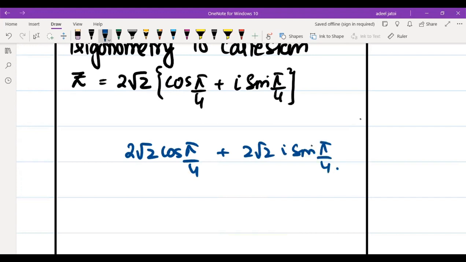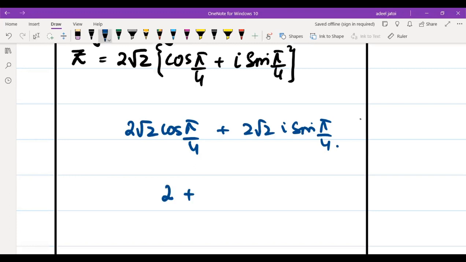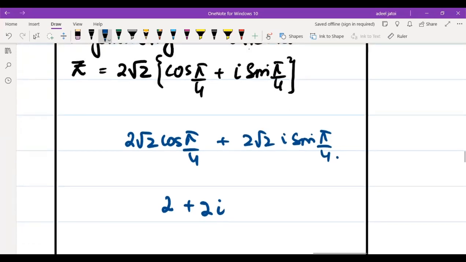So solving this, 2 under root 2 multiplied by cos pi upon 4, because cos pi upon 4 is 1 upon under root 2, plus 2 under root 2 iota sine pi upon 4, which is 1 upon under root 2 as well.